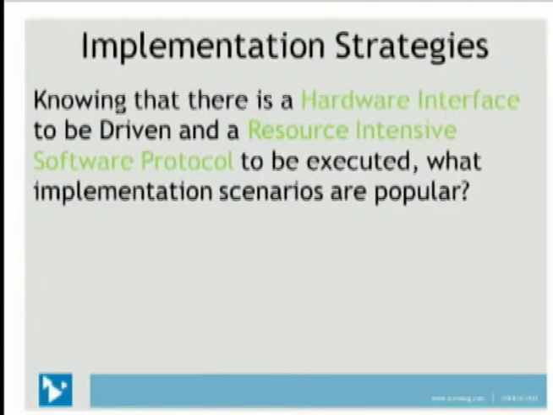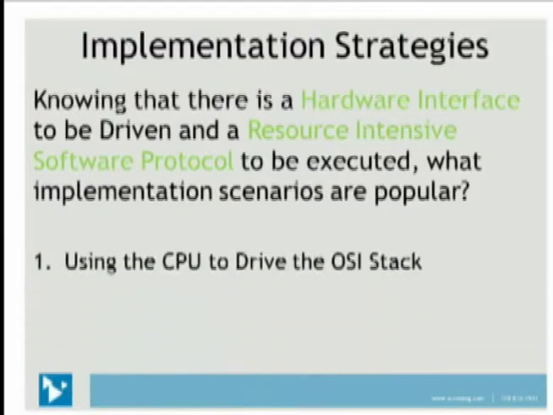Knowing this, that there's a hardware interface that needs to be driven, and that there's a resource-intensive software protocol to be executed, what are some of the popular scenarios that people use today to basically implement this stack? Well, one of the simplest is to use the CPU to drive the OSI stack.